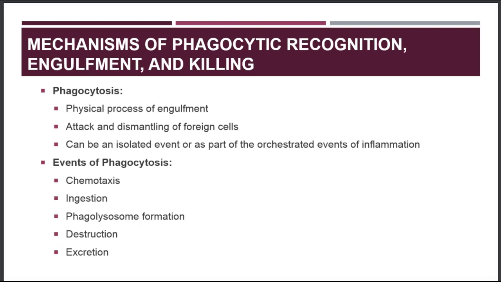Once there, the phagocyte is going to recognize that foreign body as foreign and engulf that structure, so it's going to ingest it. Then we're going to have phagolysosome formation. The lysosomes, which are produced by phagocytic cells inside the cytoplasm, are going to join with the vacuole inside the macrophage or the neutrophil that contains that foreign body.